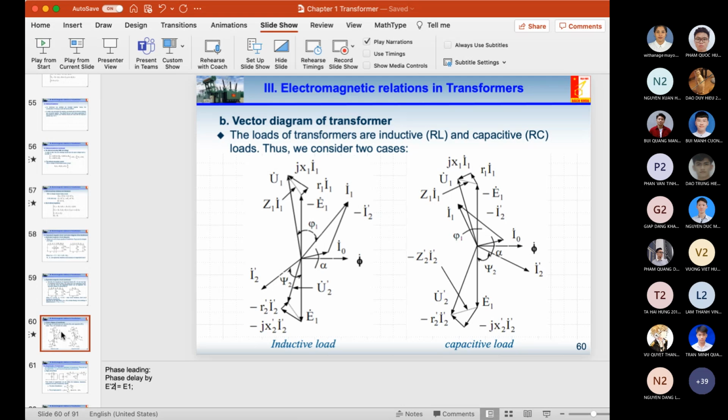If you look at this one, you can see here is the inductive load connected to the secondary winding of the transformer.